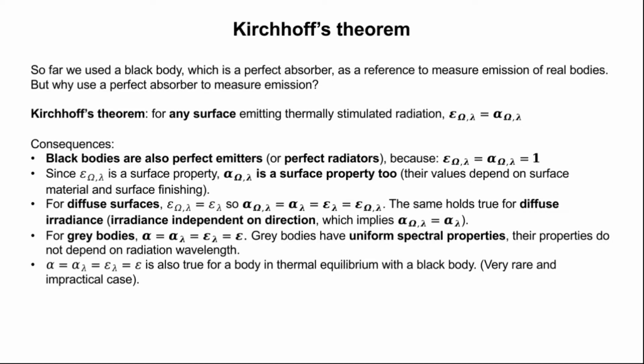Gray bodies are bodies with uniform spectral properties, which means that their properties do not depend on radiation wavelength. So, for gray bodies, the hemispherical total absorptivity, alpha, is equal to alpha lambda, which is equal to epsilon lambda, which is also equal to the hemispherical total emissivity, epsilon. The same equality holds true also when a body is in thermal equilibrium with a black body. But this is a very rare and impractical case.